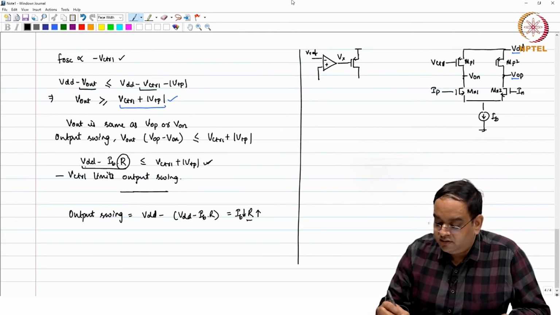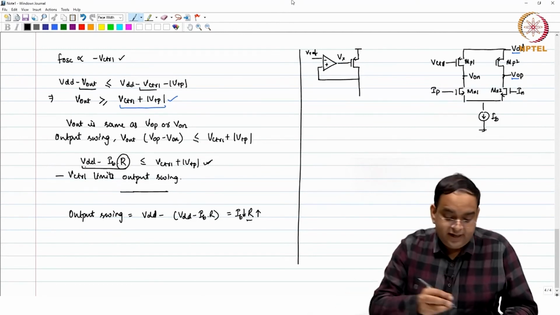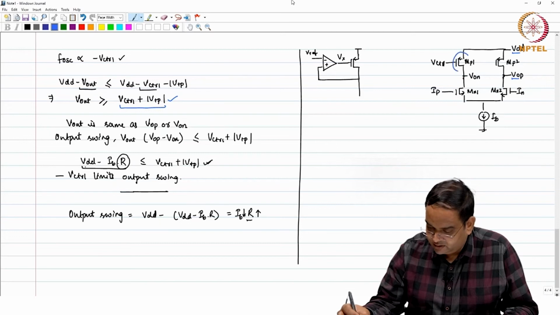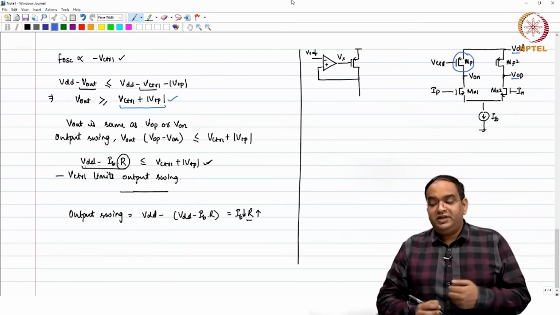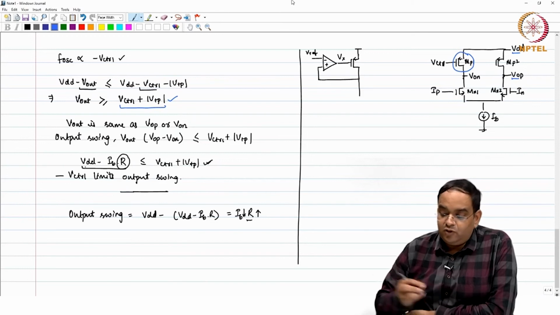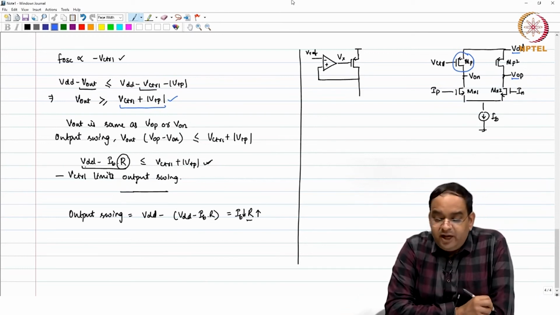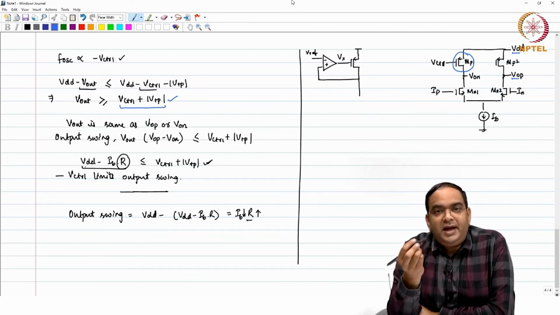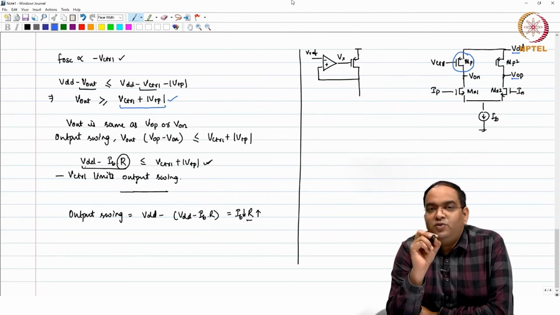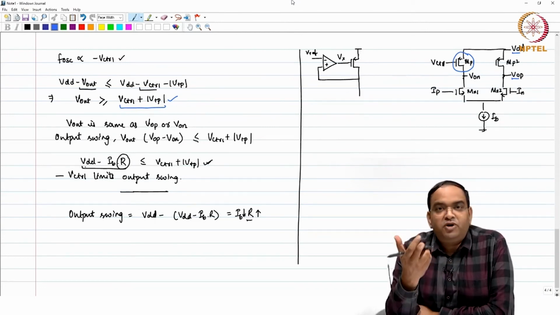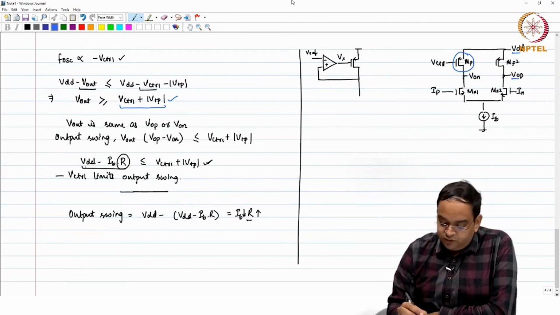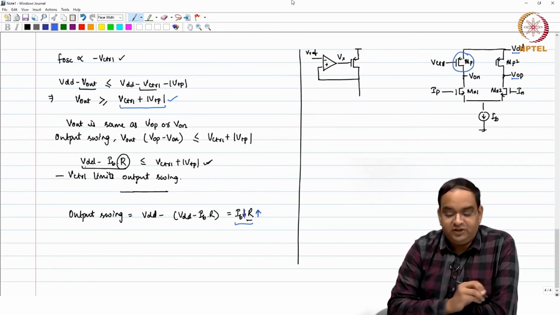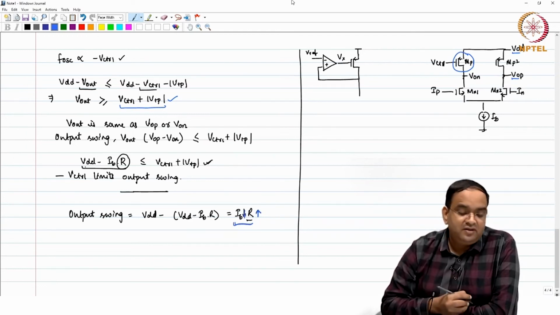What we are going to do is decide the load resistor gate voltage in such a way that the current through the load resistor and the load resistance value itself, that product, remains fixed. That is what we want to do: if the resistance increases, IB reduces, such that IB times R remains the same.